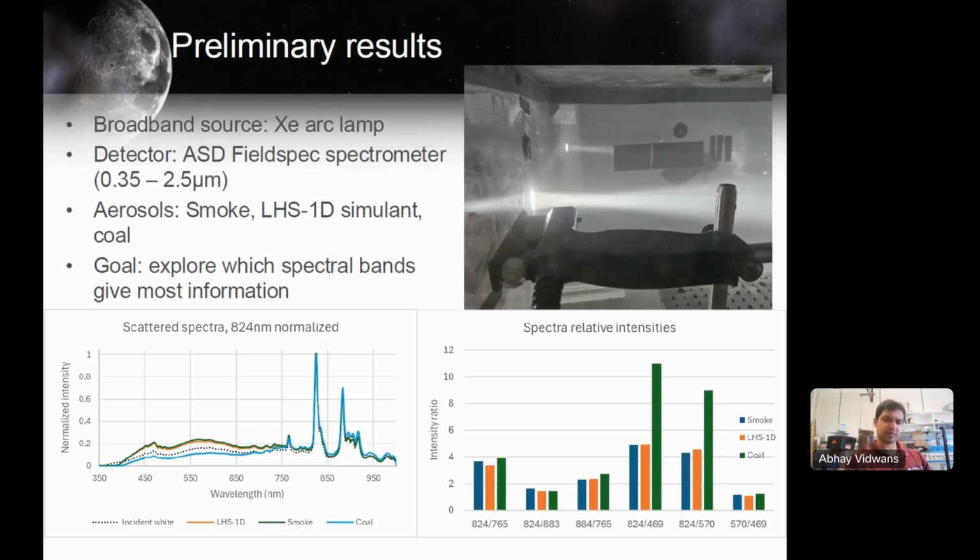And on the bottom right side, we calculated intensity ratios, so our light intensity from the scattered spectra at different ratios in these spectra. And we can see that certain ratios show the fingerprint, so to speak, of the aerosol versus others that are relatively simple. And this kind of exercise helps us inform what spectral range we should be looking at for a next generation instrument that shows more of the fingerprint of the aerosol, gives us more information about the aerosol.